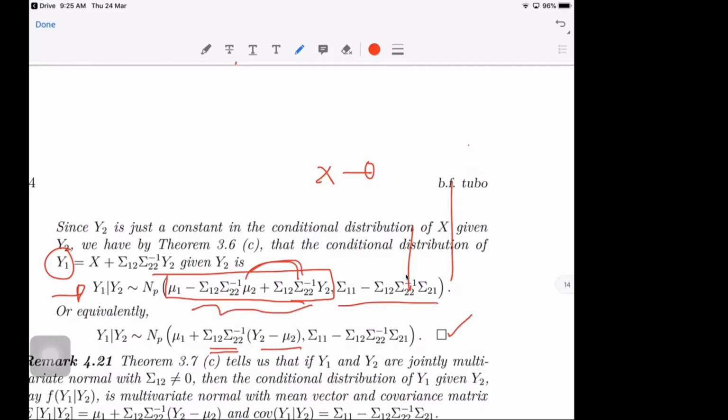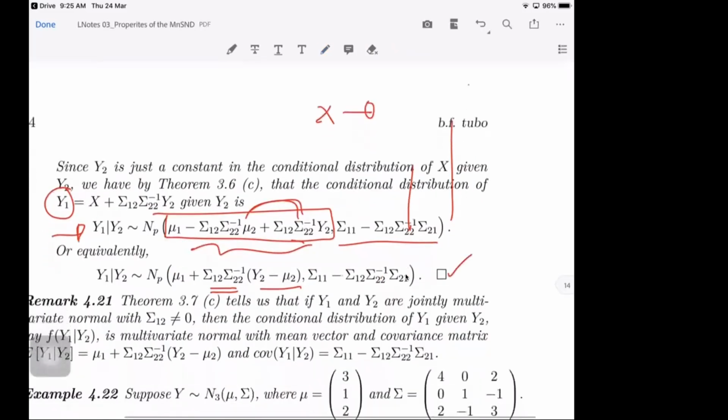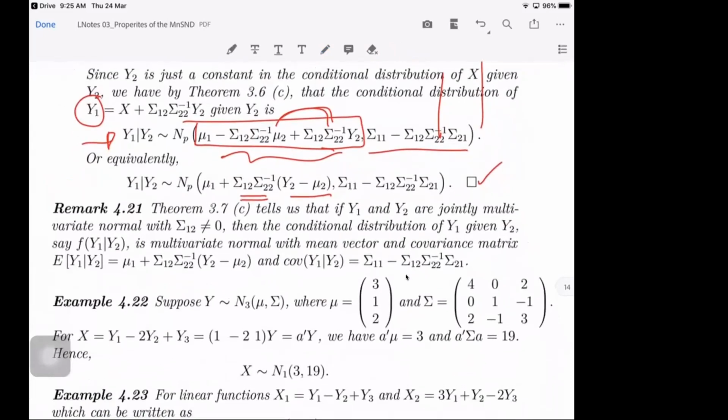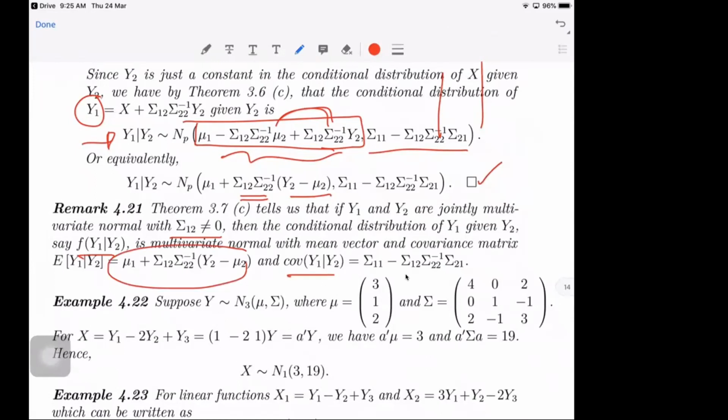So theorem 3.7c tells us that if y1 and y2 are jointly multivariate normal, where sigma 1 2 is not equal to 0, then the conditional distribution of y1 given y2, say if we have this conditional distribution, is still multivariate normal with mean vector given by this component and covariance matrix of the conditional distribution of y1 given y2 is given by this matrix.